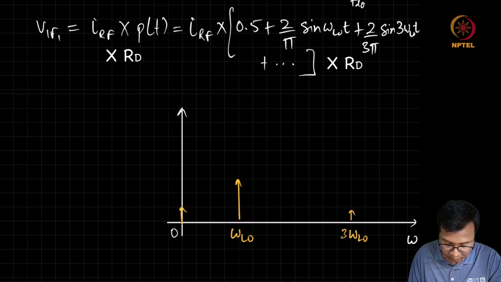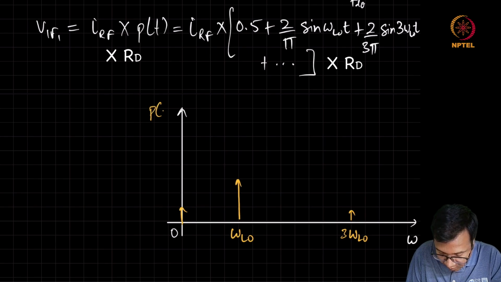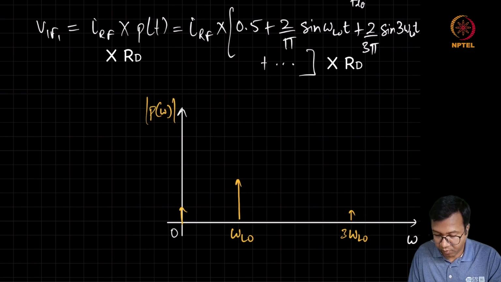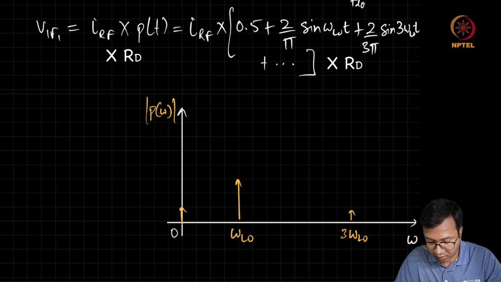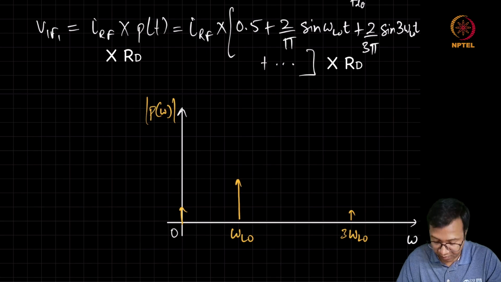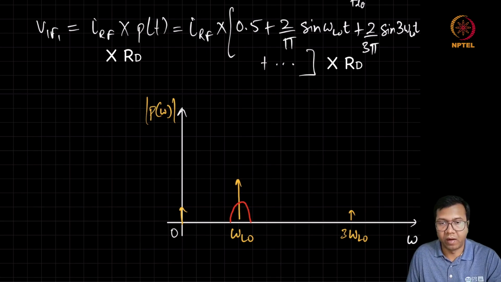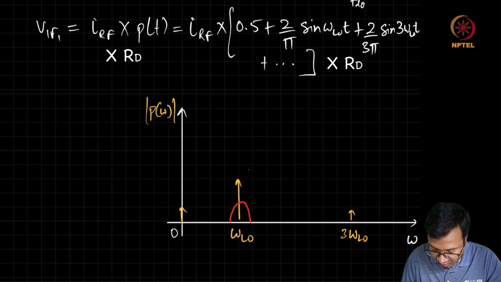This is the frequency spectrum of this P. Now let us look at the frequency spectrum of this IRF. IRF is going to be concentrated around the omega RF frequency. And for our analysis, let us take the example of a direct conversion receiver, where the omega RF will be equal to omega LO.